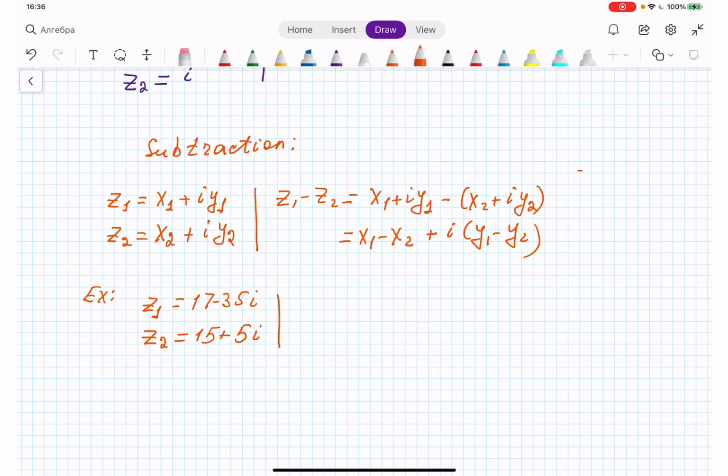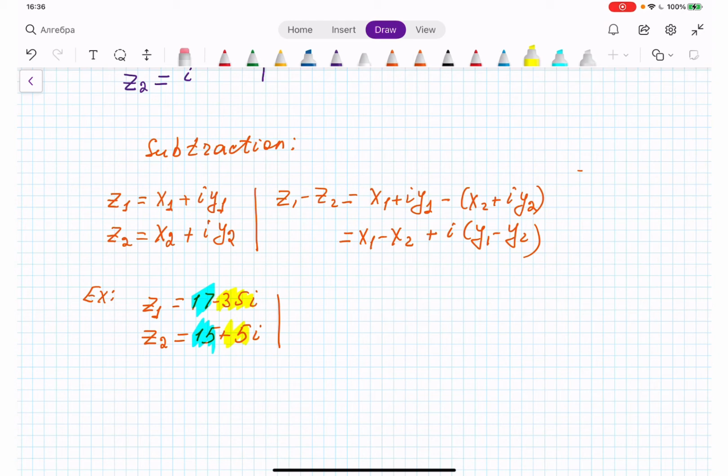So the real portion of z1 is 17. The imaginary portion is negative 35i. The real portion of z2 is 15. So those are the real portions, and negative 35 and plus 5 are the imaginary portions of the complex numbers.